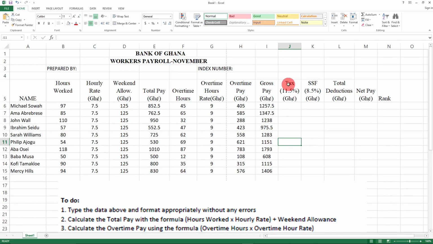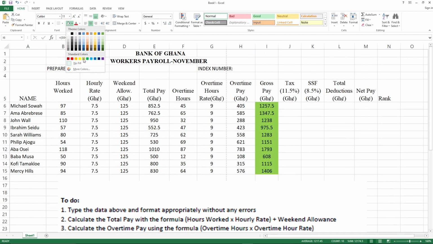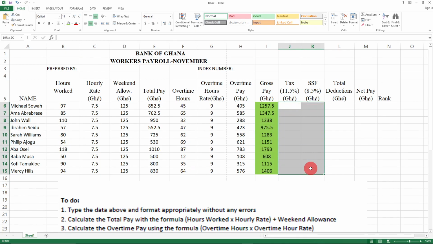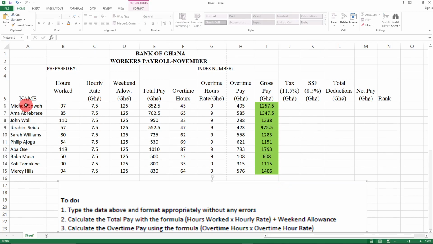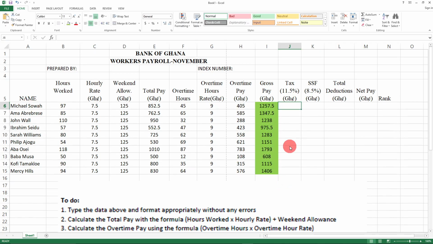So we are going to use this on the gross pay. Okay, let me highlight it. So we start with Michael Abebrese. Let's do the tax first. After that we do the SNIT.